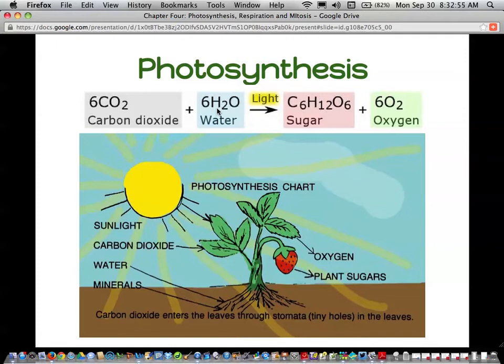Sugar is produced, and that sugar is C6H12O6. And as you guys demonstrated at the very beginning of class, you already know what that sugar is called. It is called what? Glucose. Good. And of course, being a green plant, it also produces oxygen. 6 oxygen molecules, in fact.